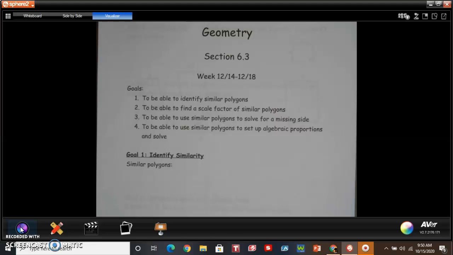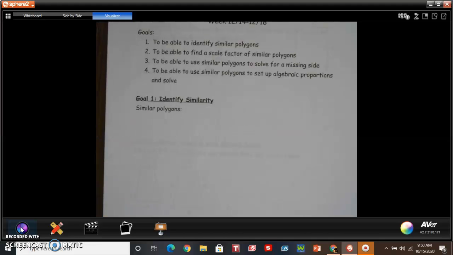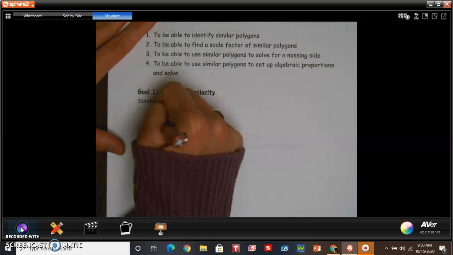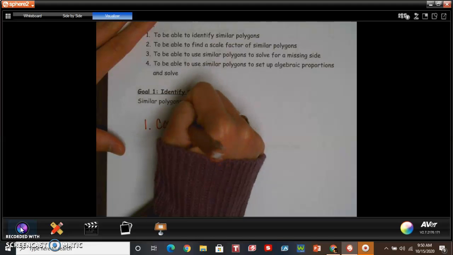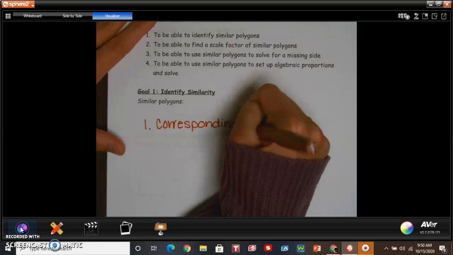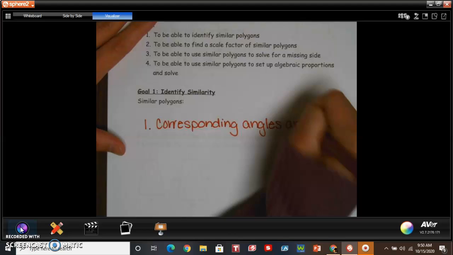So, first, let's discuss what it means for polygons to be similar. Okay? It means 2 things are happening. First, their corresponding angles are congruent.